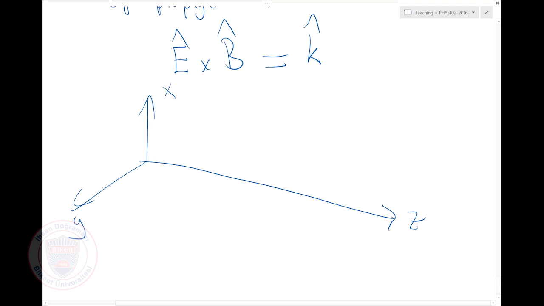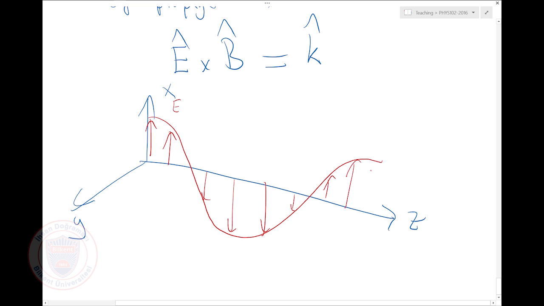What does the electromagnetic wave, the fields look like? It's exactly what I drew. Electric field will be along the x-axis. It will be a cosine which is shifting with time. And it turns out the magnetic field is in the other axis. It will be in the y-axis.